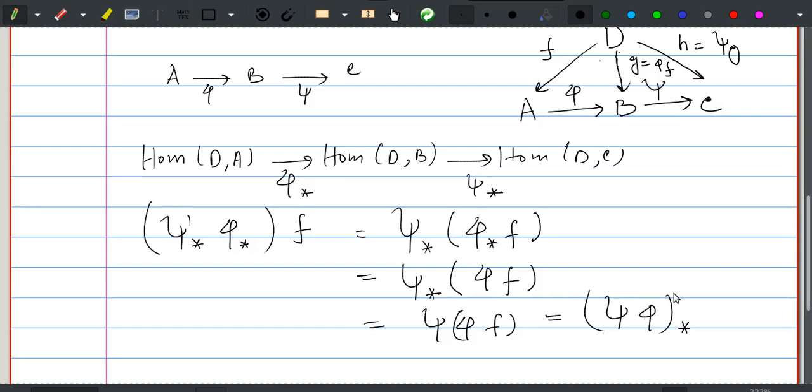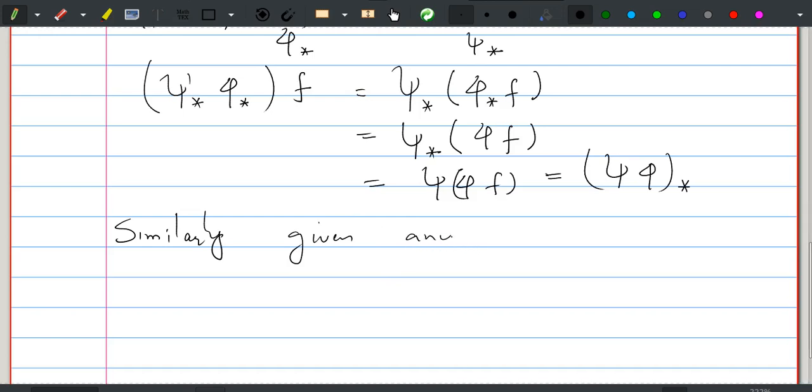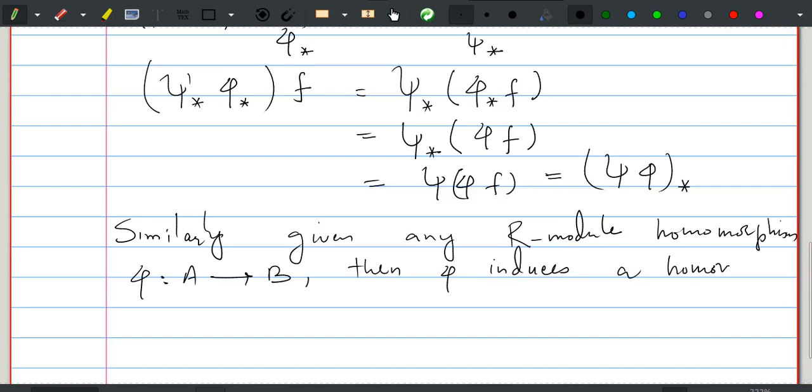So similarly, given any R module homomorphism phi from A to B, this phi induces a homomorphism phi star from Hom.